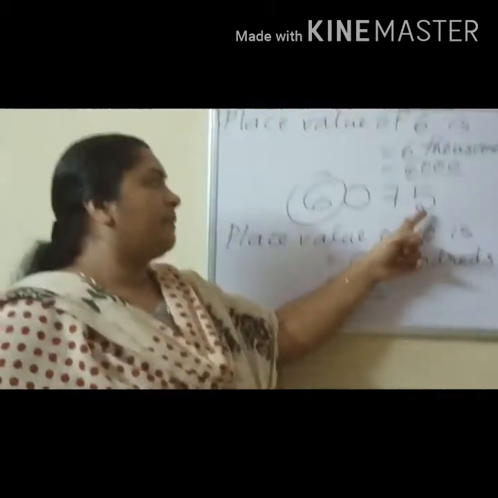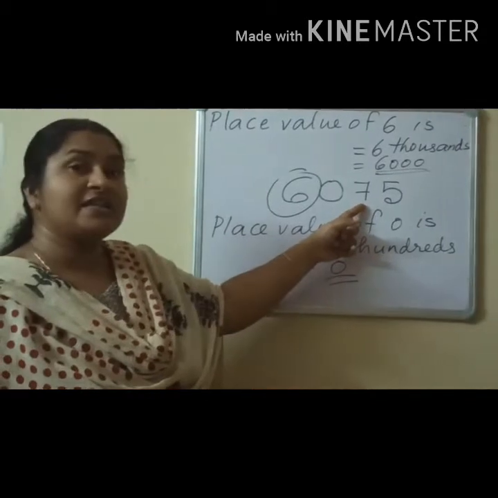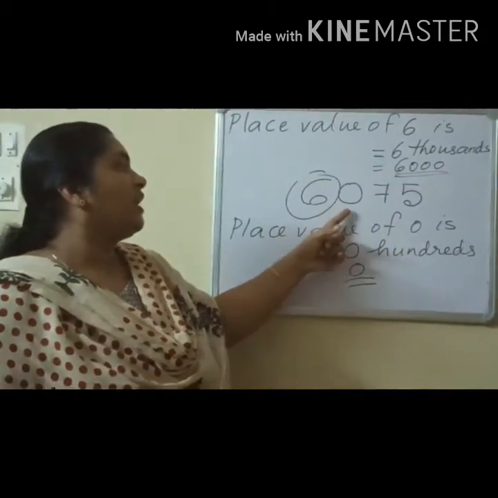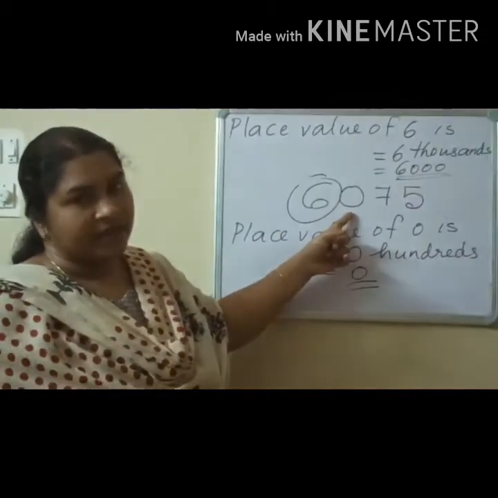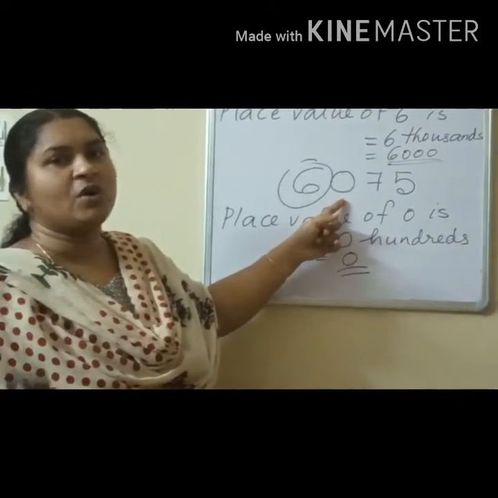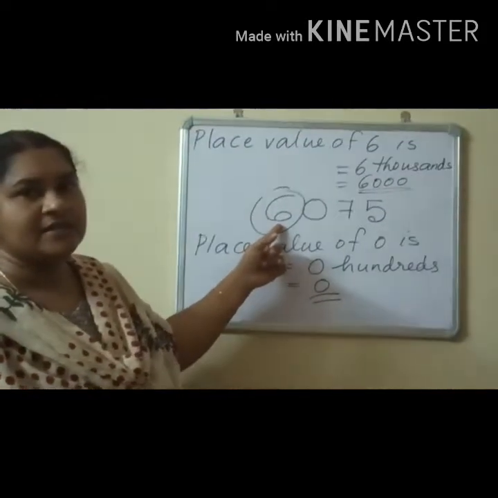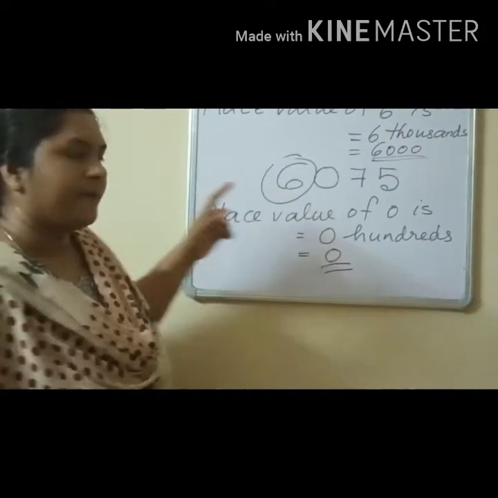So once more, the place value of 5 is 5. Place value of 7 is 70. Place value of 0 is 0. Anywhere the 0 digit comes, the place value is always 0. And here the place value of 6 is 6,000. Okay.